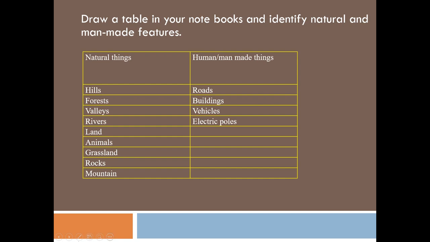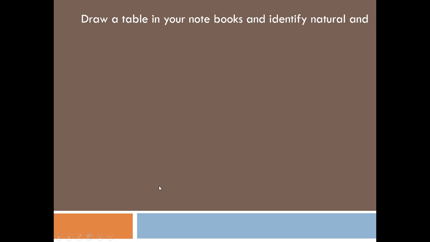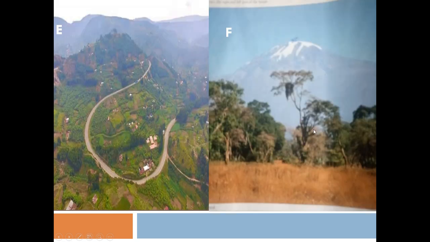Then we have the mountains, and mountains, we say mountain in photograph F, which is rising above the horizons or above the forests. So this one is a mountain. These are hills. So mountain is higher than the hills. So we have the hills, we have the mountains.